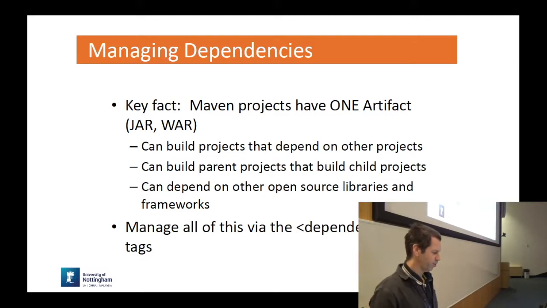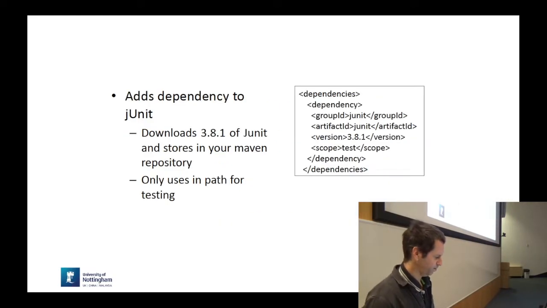So we can build projects that depend on other projects. We can build parent projects that build child projects, and so on. And this is all managed via the dependencies tags, right? Those are in the POM file. Hard to remember all that.